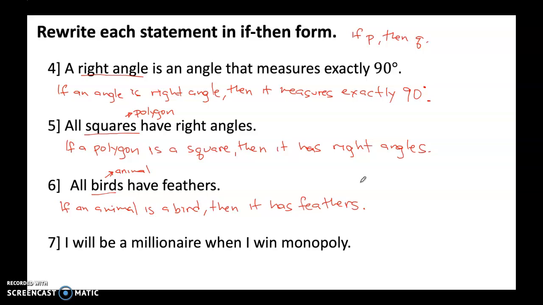Number 7. I will be a millionaire when I win Monopoly. So we have the word when, that is the counterpart of the word if, to simply identify where is the hypothesis and the conclusion. So after the word when is our hypothesis, and this will be our conclusion.